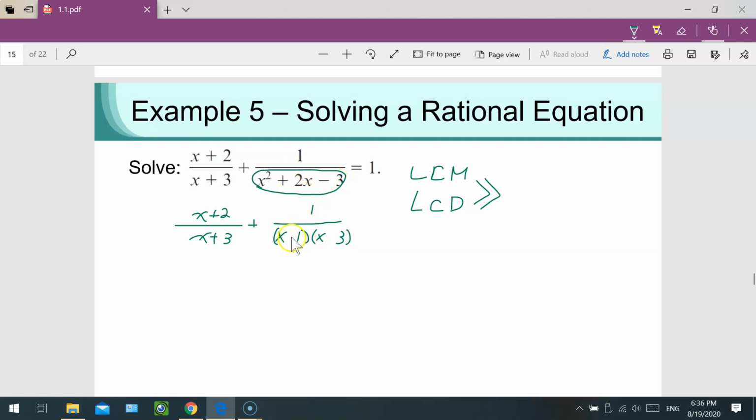How can we determine which number has the negative sign? We have to look at the middle term, which means the second term. The second term here gives us a positive 2. So when I manipulate these two numbers, 1 and 3, the only way I can get a positive 2 is plus 3 minus 1.